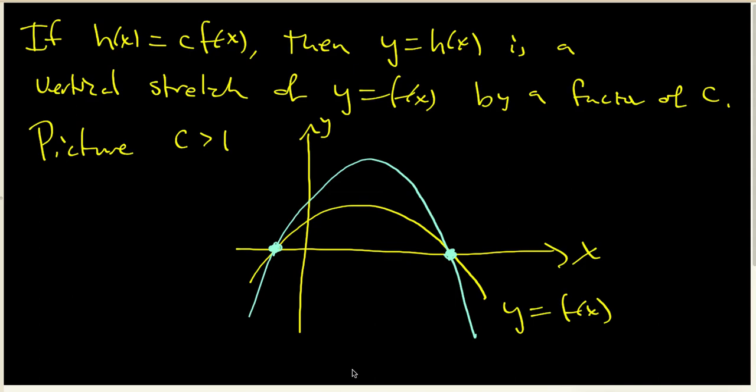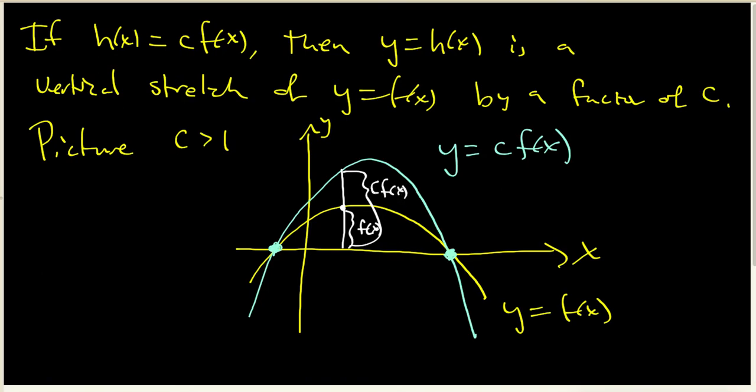Now, this new picture is y equals c times f of x. And the idea here is that no matter what x value I pick, if this is f of x, then this is c times f of x.